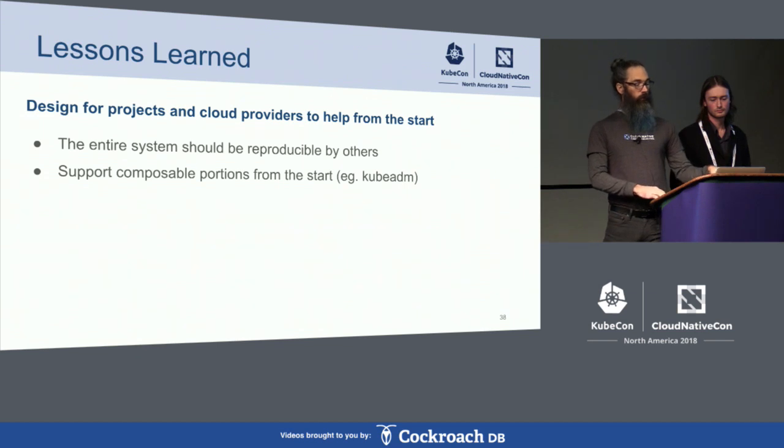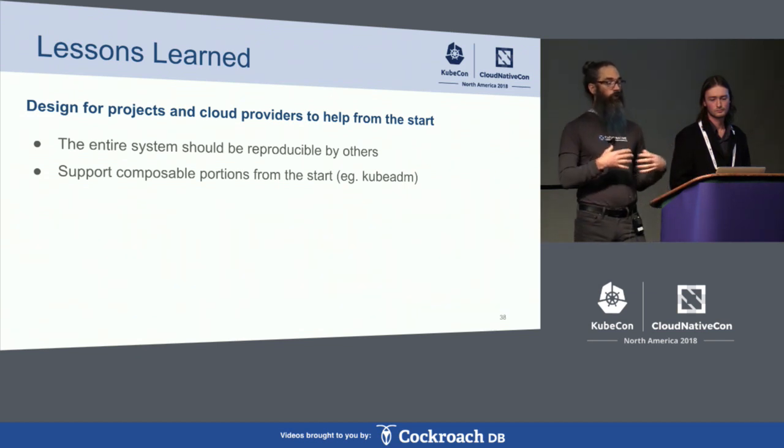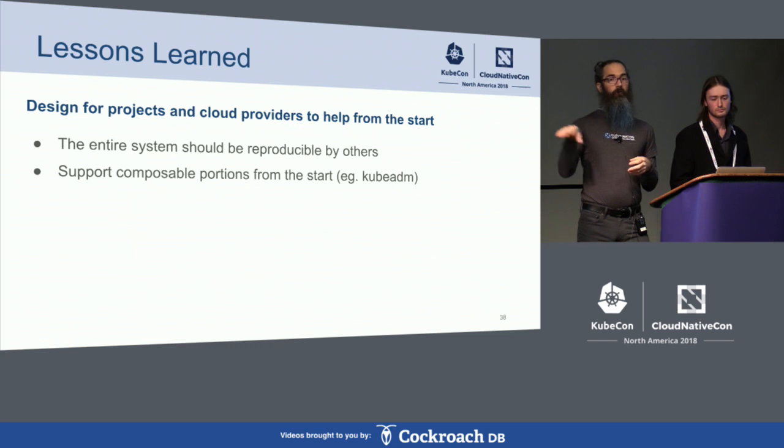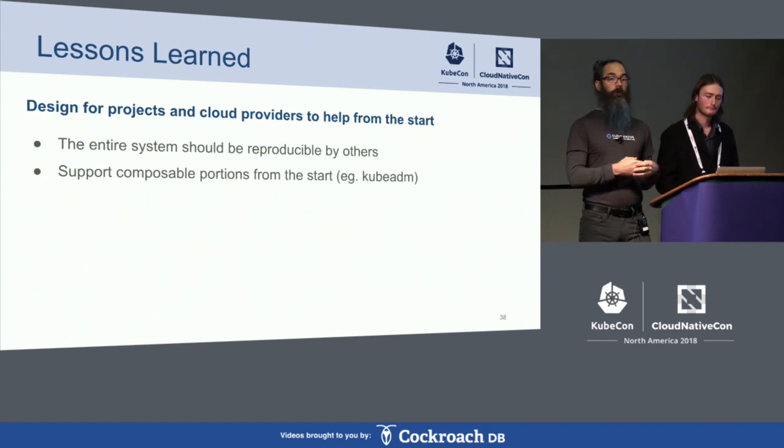And that would tie into having composable portions from the start, and I will say reproducible. The different pieces like Cross-cloud, the multi-cloud provisioner, can be used by itself, and in fact it is, by different projects. But when you want to look at the full implementation with the dashboard, you need GitLab right now. And that takes a lot of effort to build up.